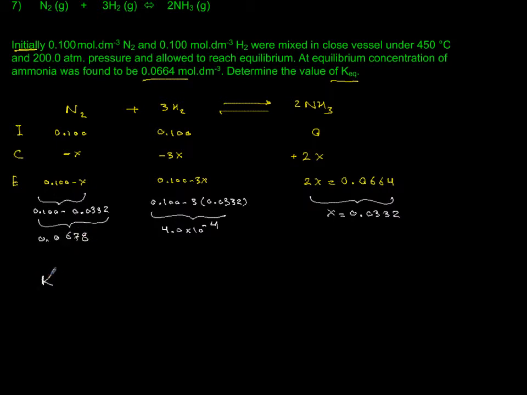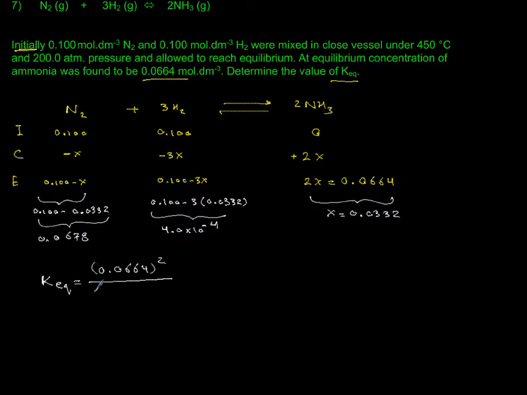We just have to plug in, and we have to be careful with coefficients. So for ammonia, it's 0.0664. Don't put 0.0332. That was working for finding x. So at equilibrium, it's 0.0664 squared, divided by the reactants.